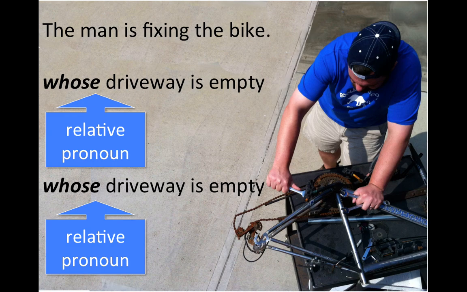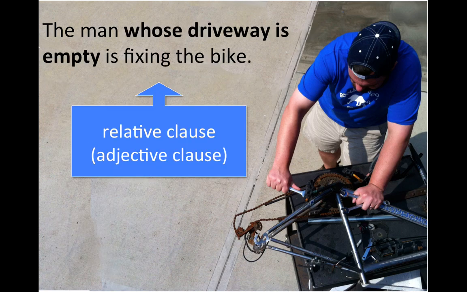So either way, whose driveway is empty is the relative clause. And since this describes the man, we put it right after the noun it's modifying, and we get the man whose driveway is empty is fixing the bike. This is our relative clause.